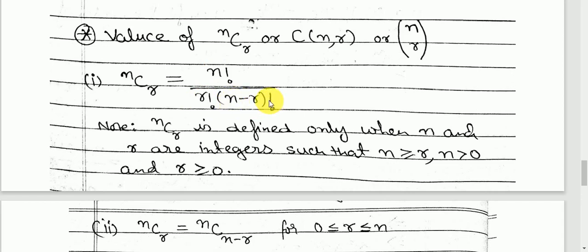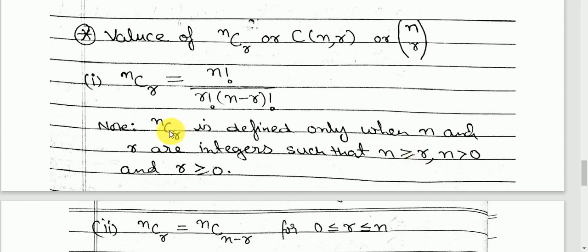You should always remember that here for nCr, r is a positive integer, greater than or equal to 0, and n is greater than or equal to r.